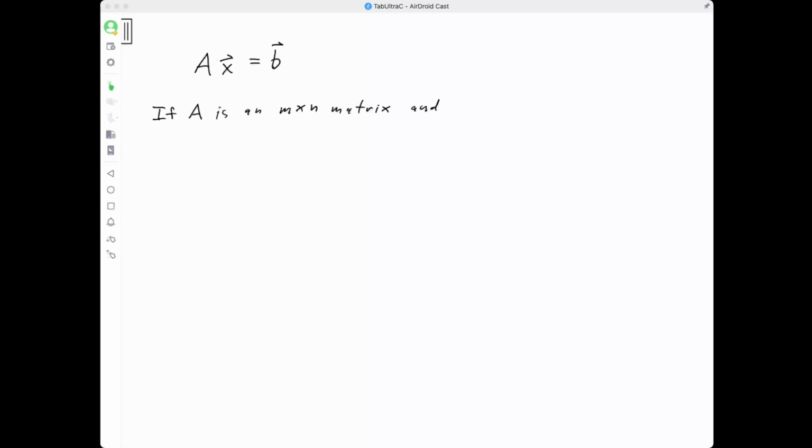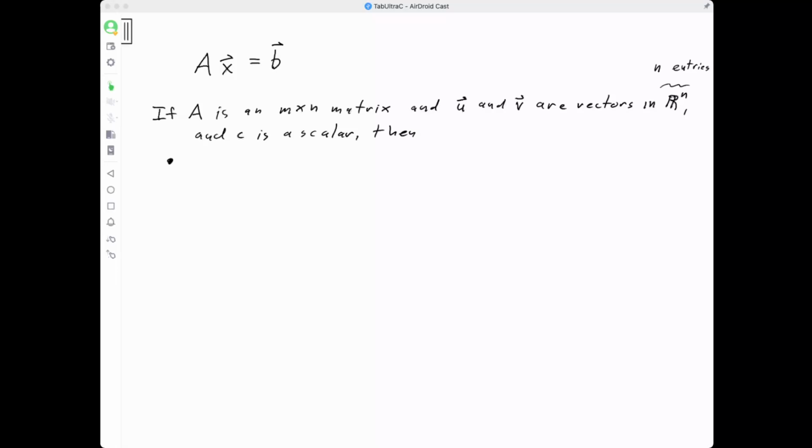and u and v are vectors, and I'm going to write vectors in Rn. What this means is it has n entries. And c is a scalar. Then the following hold.